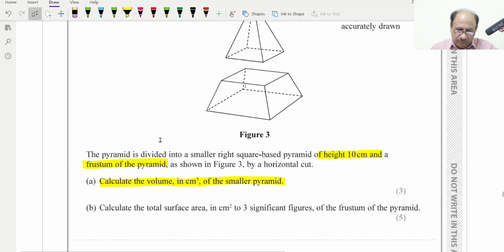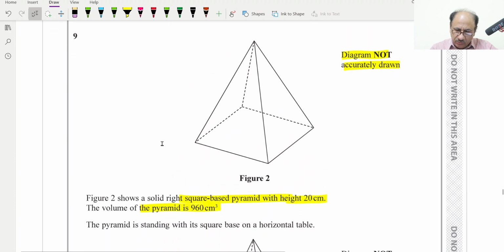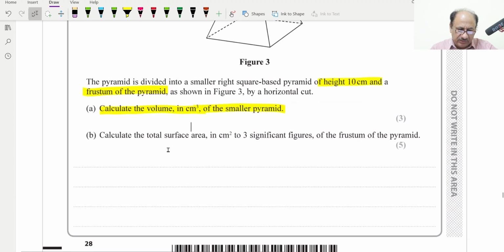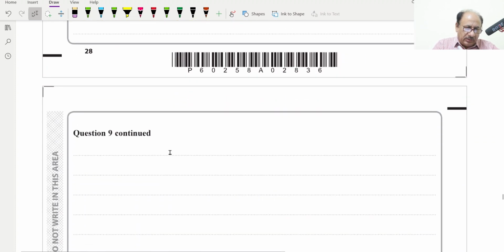So we will check the ratio between the heights. The bigger one is 20 centimeter height and the smaller one is 10 centimeter height. So we can write height ratio, K is equal to 10 divided by 20.